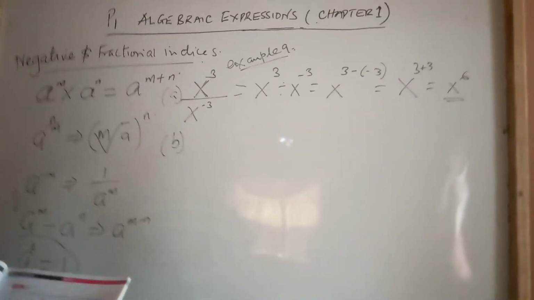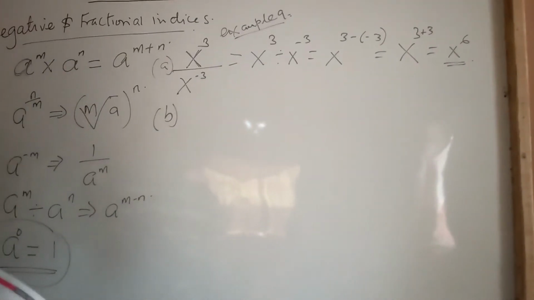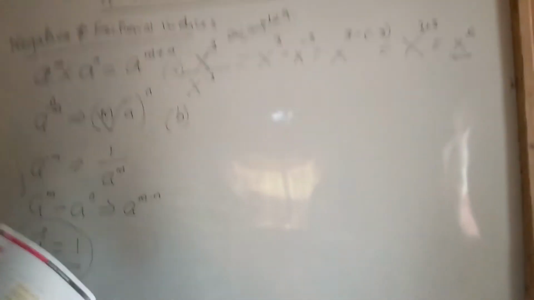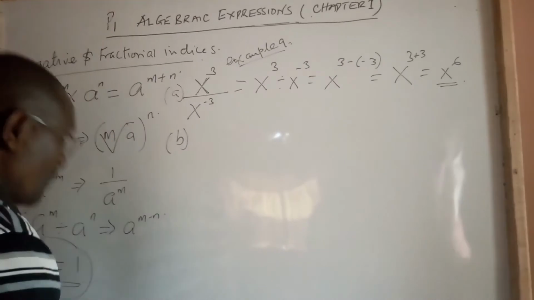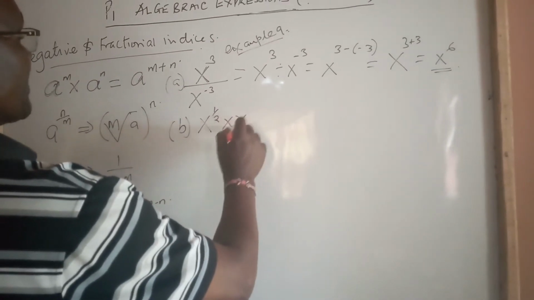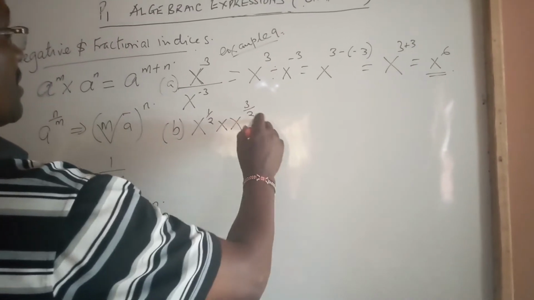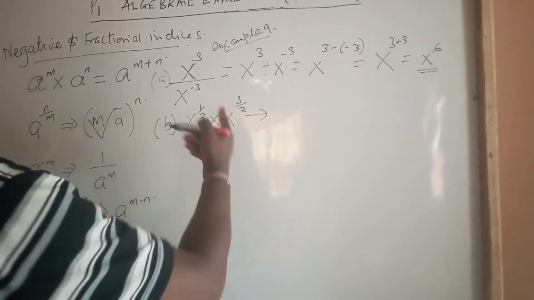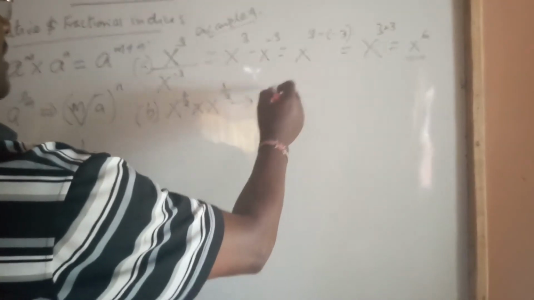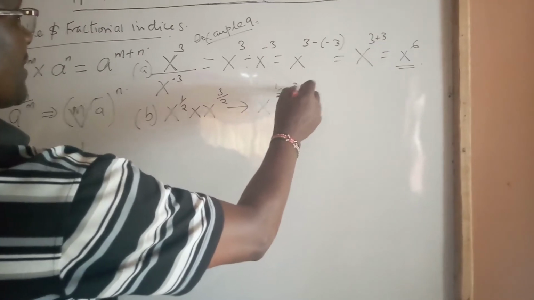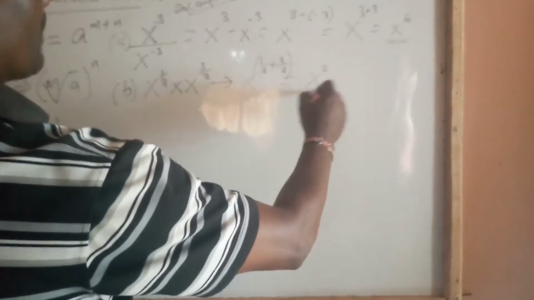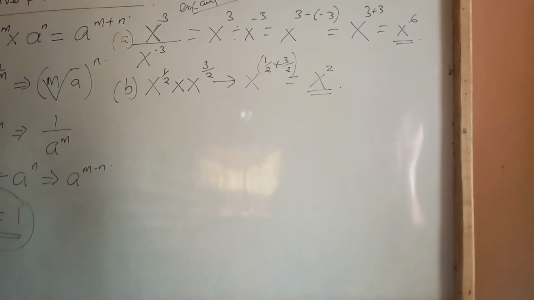In example 9 part B, we're talking about x raised to power a half times x raised to power 3 over 2. This follows law 1, whereby when the base is the same, we add the indices: x raised to power a half plus 3 over 2, which is basically x raised to power 2. And that is the end of it.